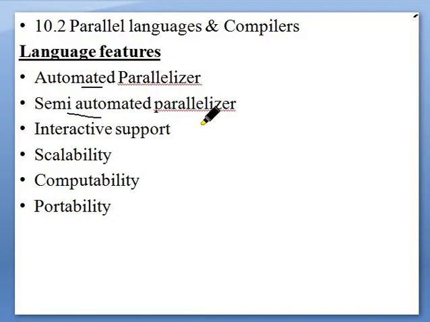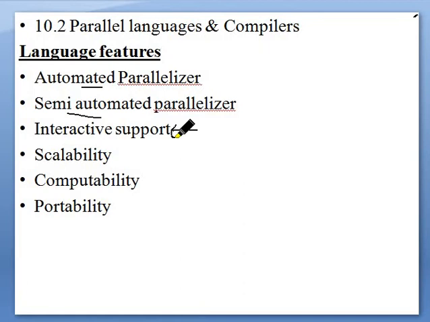Interactive support. That means, if you make a mistake or a syntax error in C programming, when executing in Turbo C it will tell us a semicolon is missing in a given line number. So the user can easily identify the error and debug it.